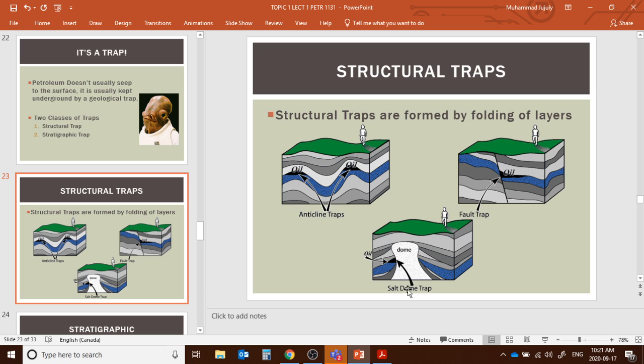So this dome also can act like a trap, so oil can be trapped under this dome. So these traps actually save the oil and gas inside the earth, and stop the migration of oil and gas to the surface. So these are examples of structural traps.